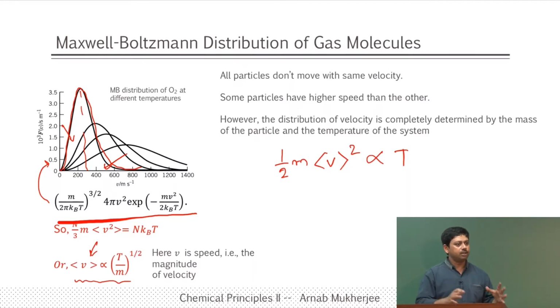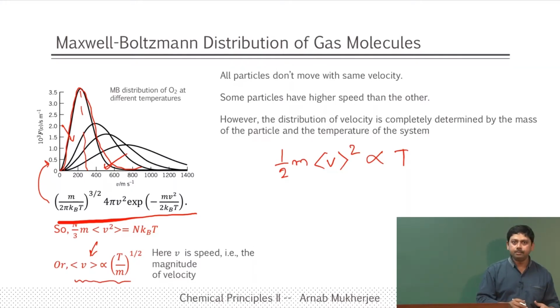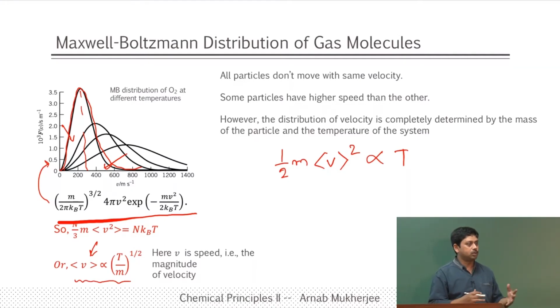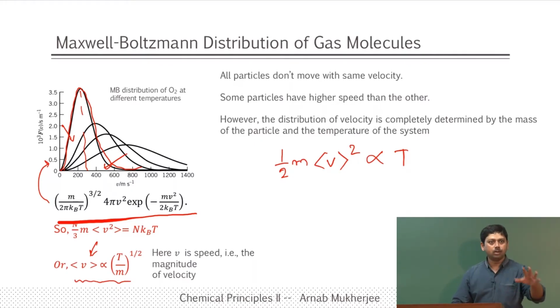We are going to consider the average velocity of the particle, and still the equation will remain true, and it also indicates that if the temperature is higher, the velocity of the particle will also be higher. So, temperature is nothing but the average velocity of the particle, at least when we are talking about gas molecules, because in all the derivations we assumed that these are random motions hitting the walls and creating pressure on the walls.